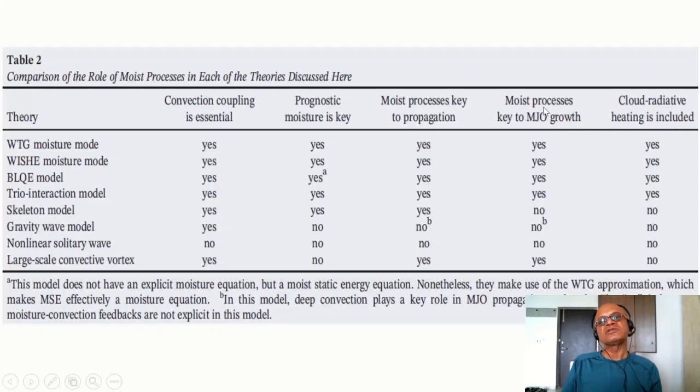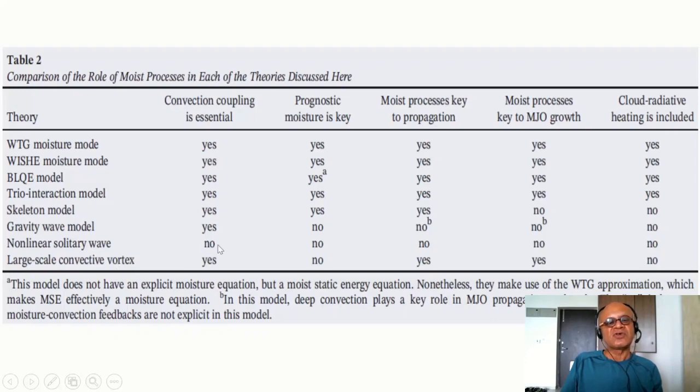Remember that models tend to produce the wrong propagation speed and weaker amplitude MJOs, so MJO growth, propagation and moisture processes are all critical, especially in terms of feedbacks between convection and moisture. So looking at WTG moisture mode, Vichy moisture mode, VLKV mode, trio interaction mode, skeleton mode, gravity wave model, nonlinear solitary wave, and large-scale convective vortex, all of them have convection coupling with moisture.